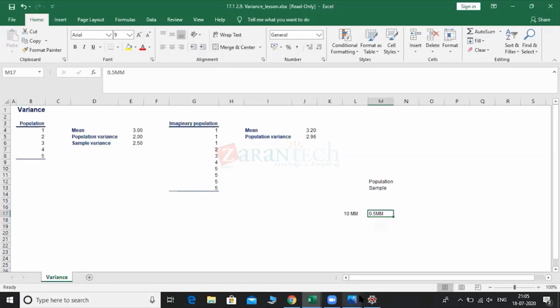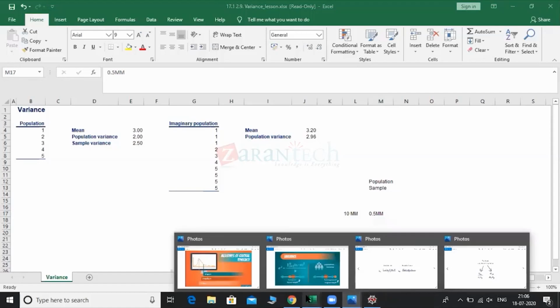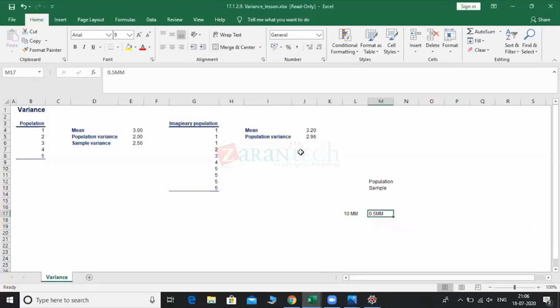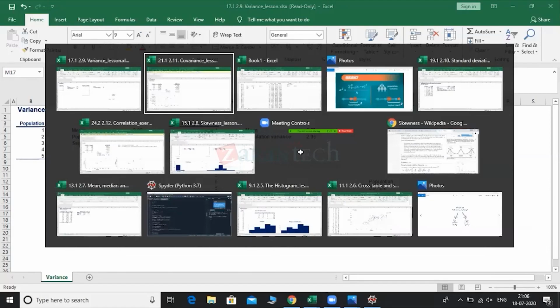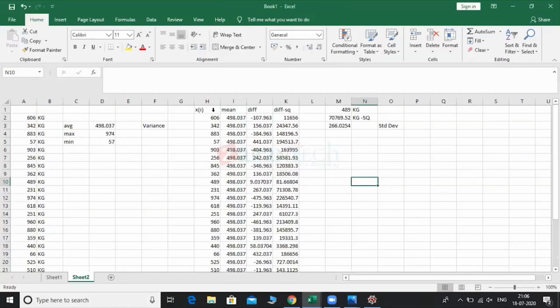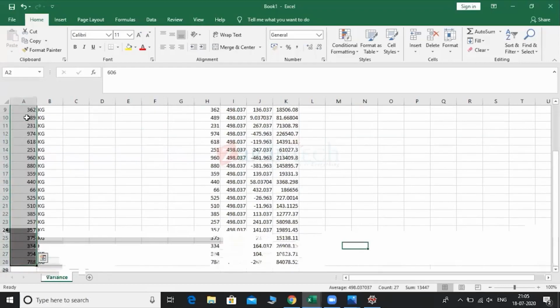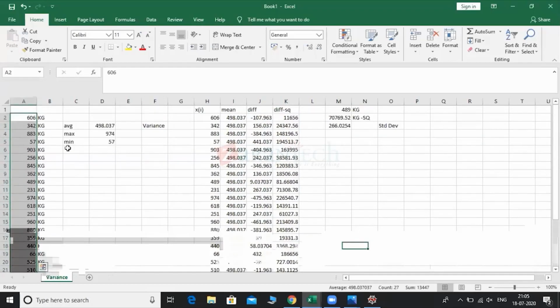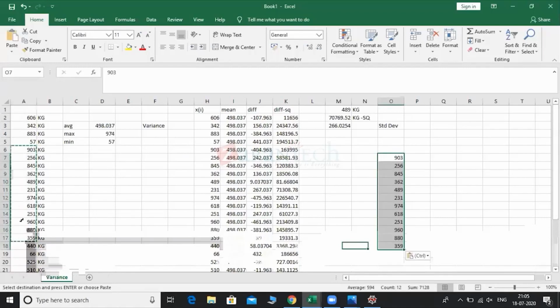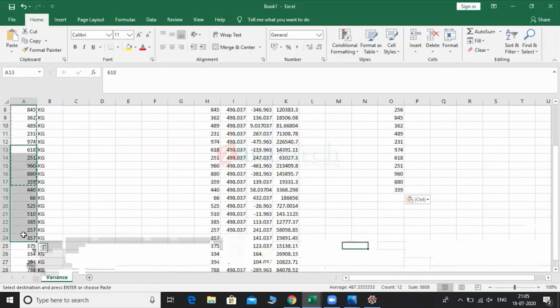Like let's say, in this data itself, there are some 27 data points. Now let's say I want to pick 10 different points from here. I can take any random 10 points, or I can take any of these points.